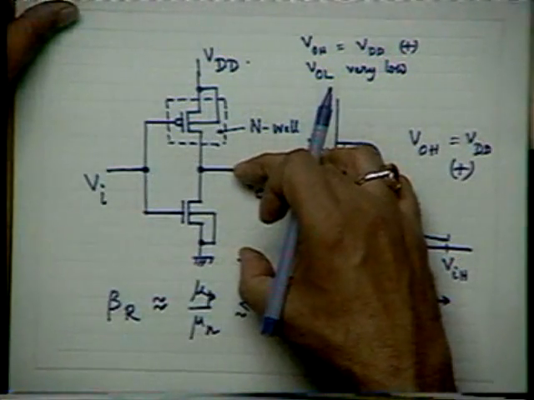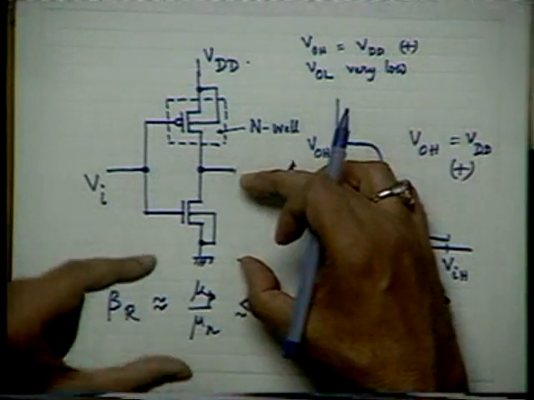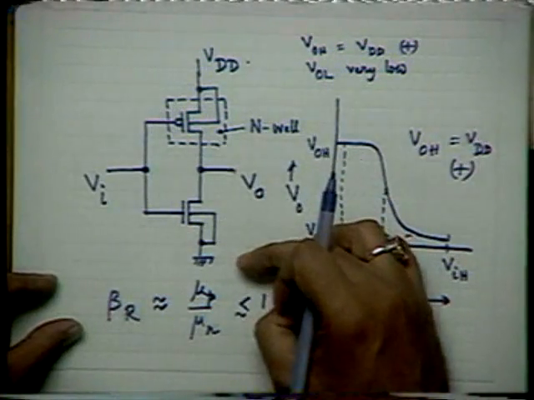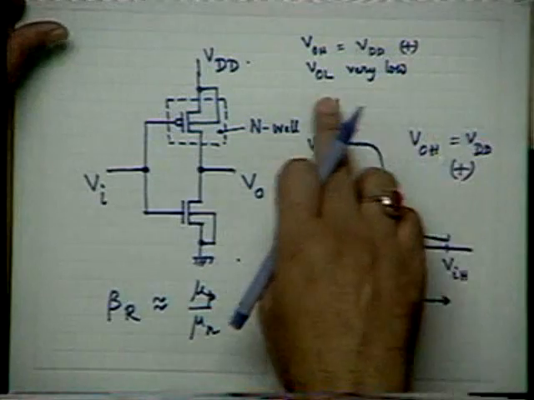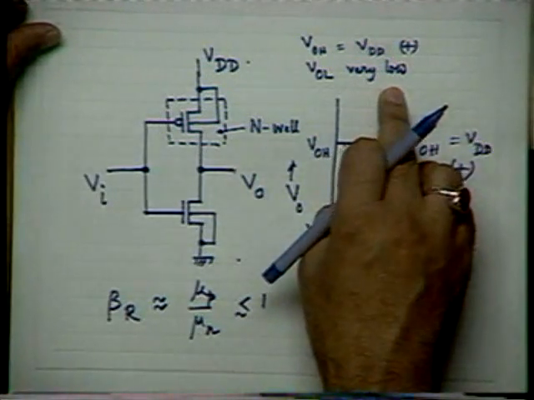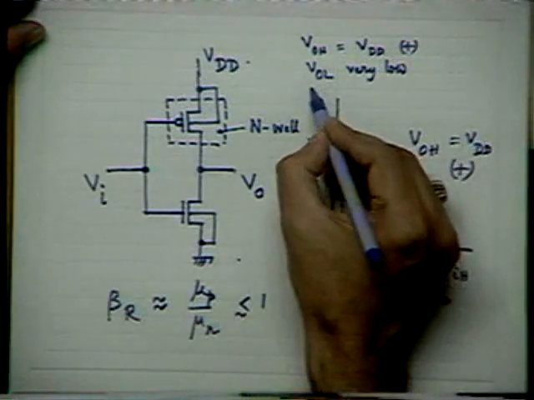Whatever charge is stored in the capacitance at this particular node will fully discharge. So it is expected that VOL will be very low, almost 0. The logic swing is very high. And this beta R is very less, which means high packing density.